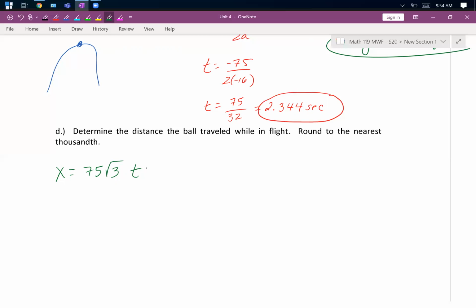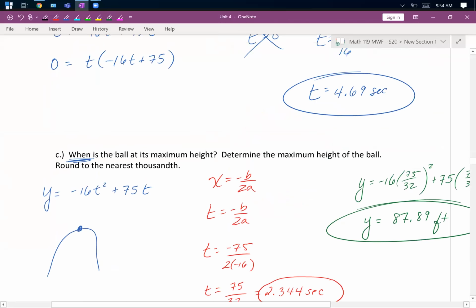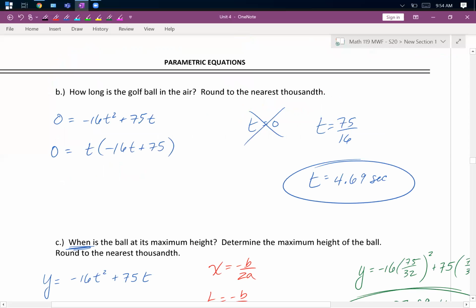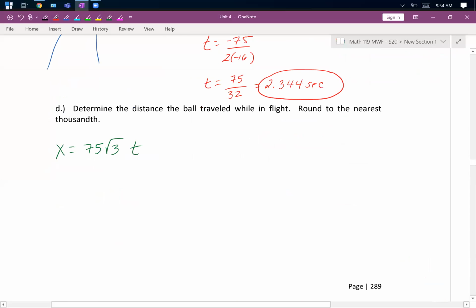Would that be the overall time? Yeah, it's going to be the overall time traveled, right? We established in part B that the golf ball's in the air for 4.69 seconds, so all we're doing is plugging in 4.69 seconds.